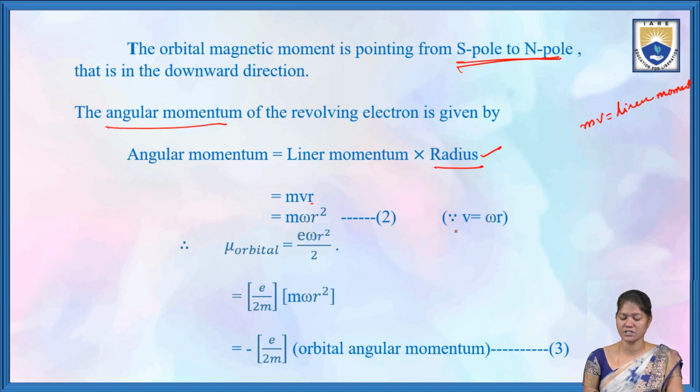Because the velocity v is equal to omega r. So angular momentum equals m omega r square, taken as equation 2.